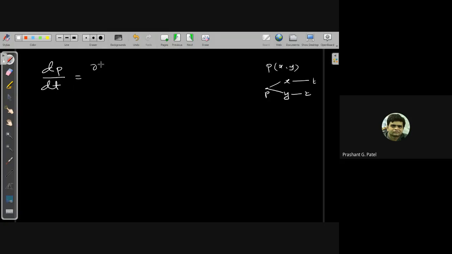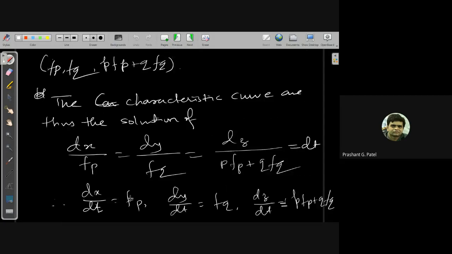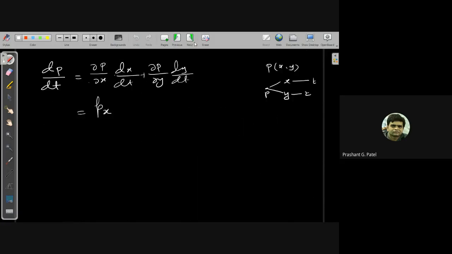That gives del p by del x into dx by dt plus del p by del y into dy by dt. So del p by del x is px, dx by dt we already obtained as fp, plus py, and dy by dt we already obtained as fq.